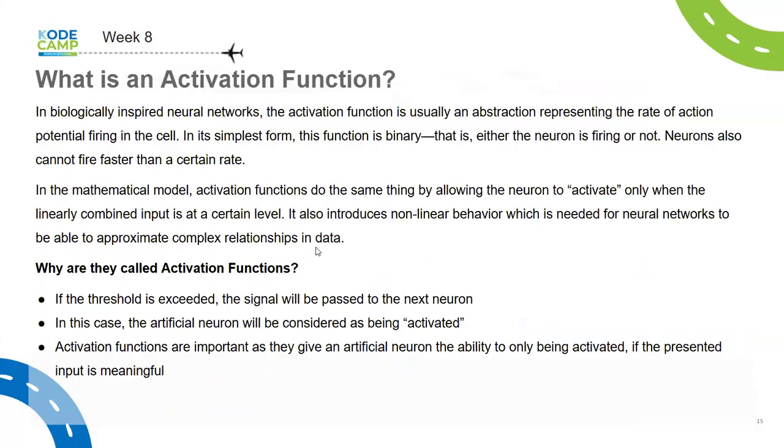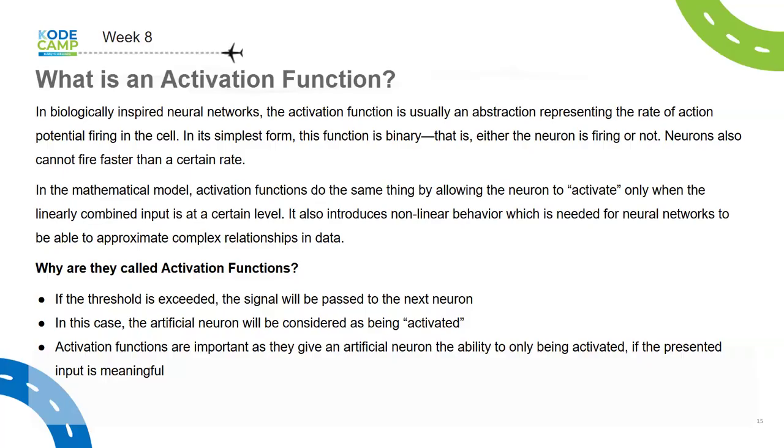So let's look at it. What is an activation function? We can see that in biologically inspired neural networks, the activation function represents the cell potential, right? The rate of action potential firing in the cell.